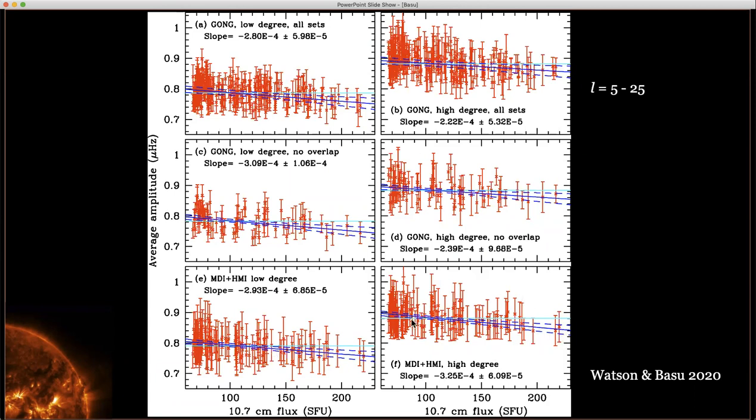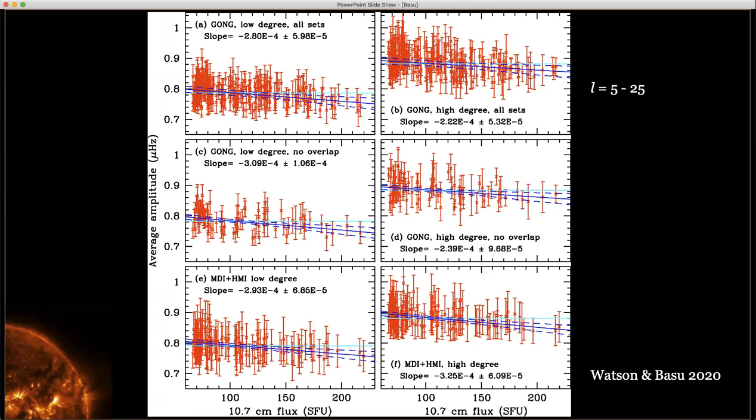The blue line is the slope with the 95% significant region marked in the dashed lines. The cyan line is simply a constant fit to the data. And we can see that the change is not constant. We did remove some of the really high activity points just to see if the slope is being affected by that. The slope is being affected by that naturally, but it's still a significant slope.